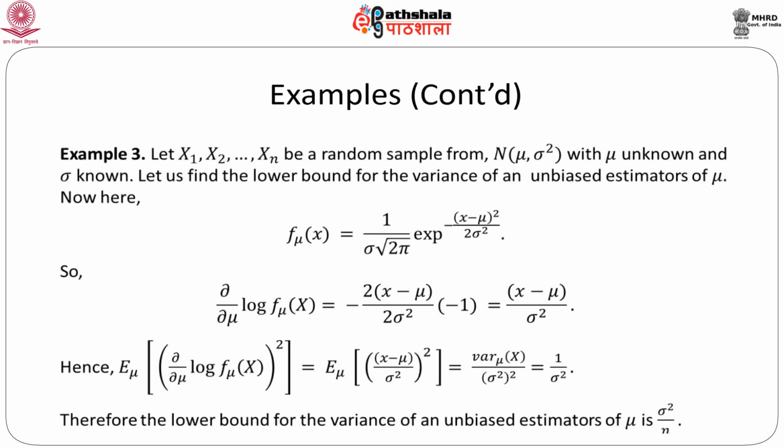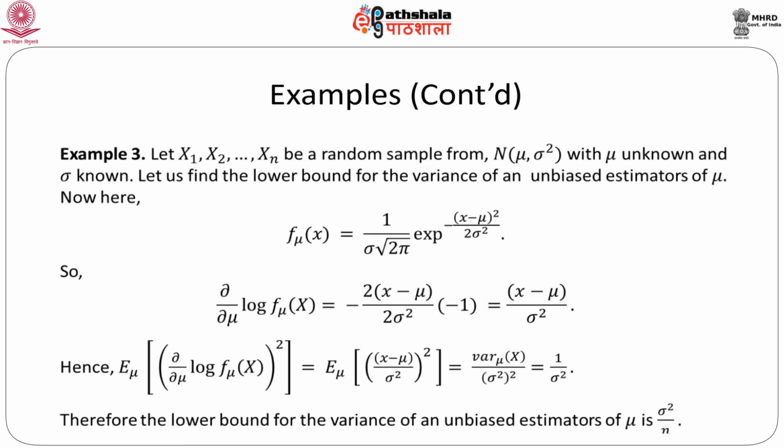Let x1, x2, up to xn be a random sample from a normal(μ, σ²) population with μ unknown and σ known. Let us find the lower bound for the variance of an unbiased estimator of μ. Here, f(x) equals 1/(σ√(2π)) times e to the power minus (x − μ)² divided by 2σ².